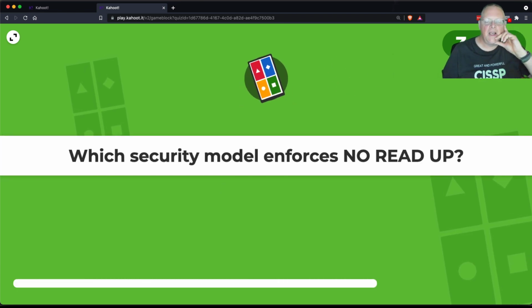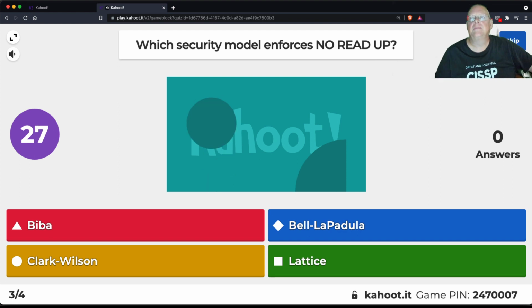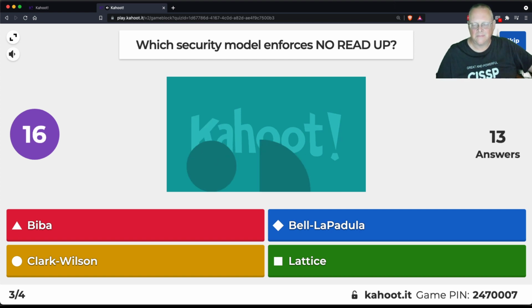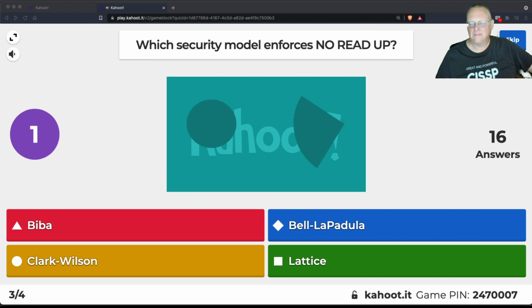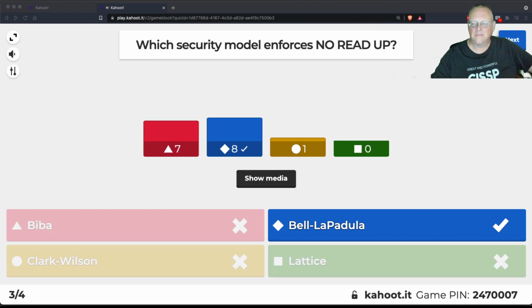All right, which one has no read up? All right, and that's Bell, same one. No, that gives you confidentiality. People with low clearance can't read high clearance stuff.